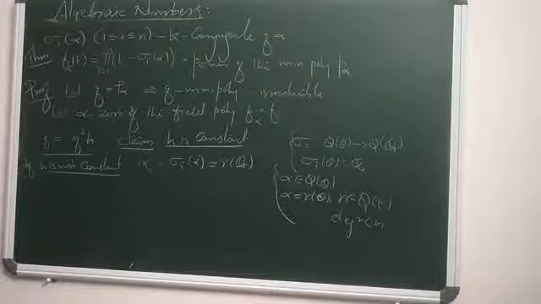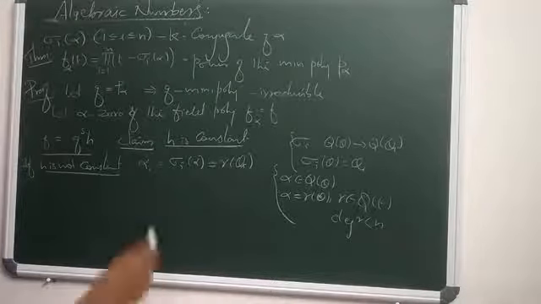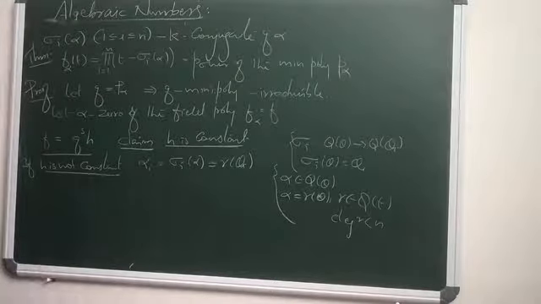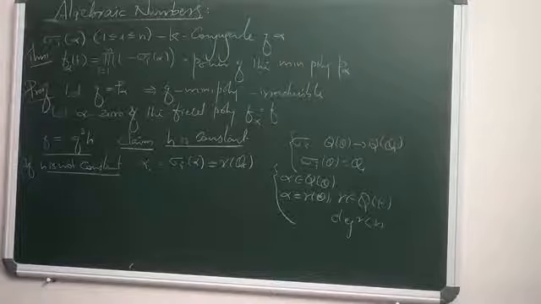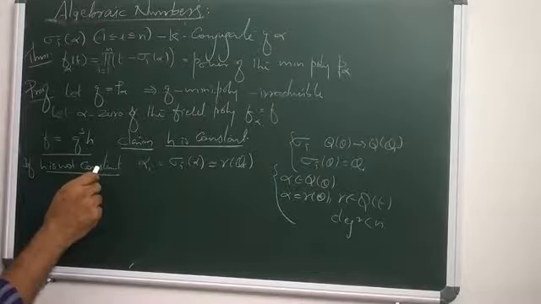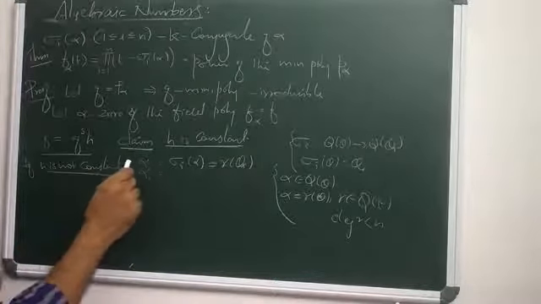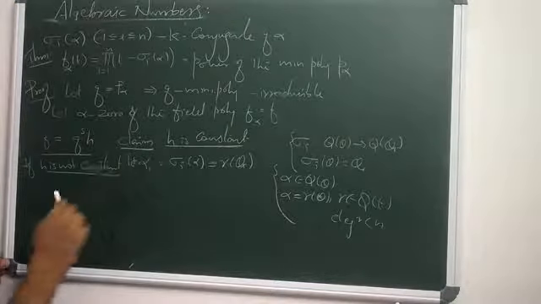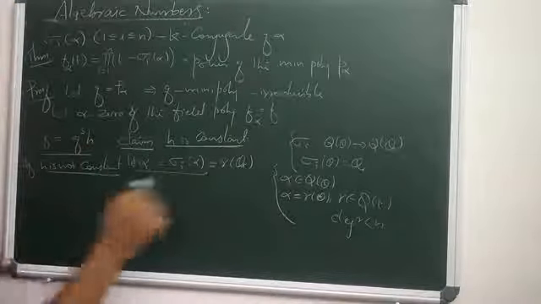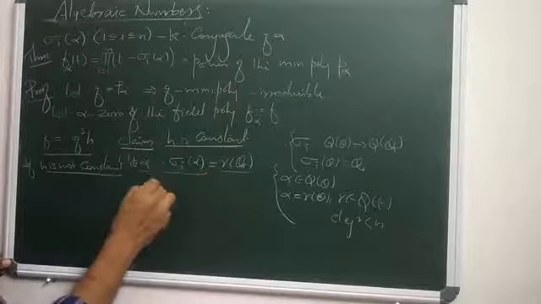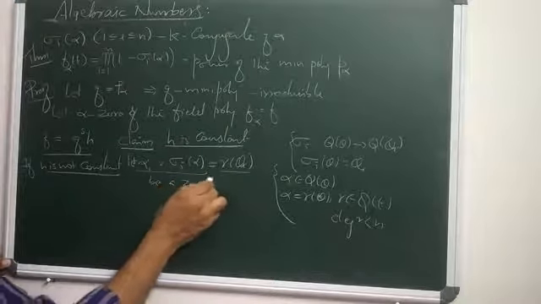So clearly alpha i equals sigma i of alpha, which equals r of theta i. So clearly this alpha i is a zero of h. If h is not a constant, then we choose alpha i, meaning sigma i of alpha, or r of theta i, to be a zero of h.